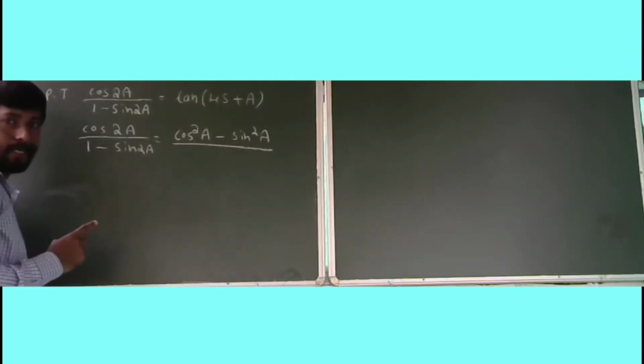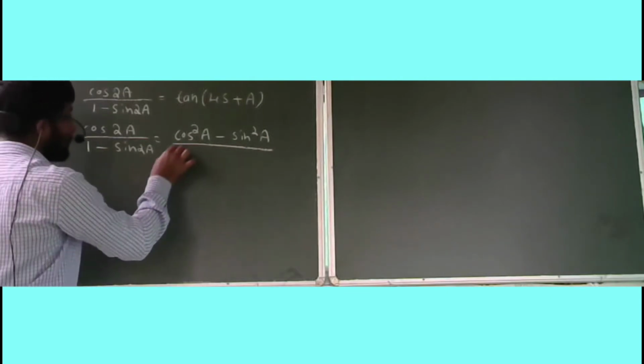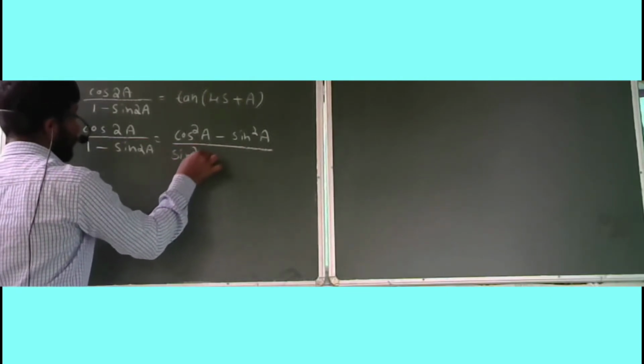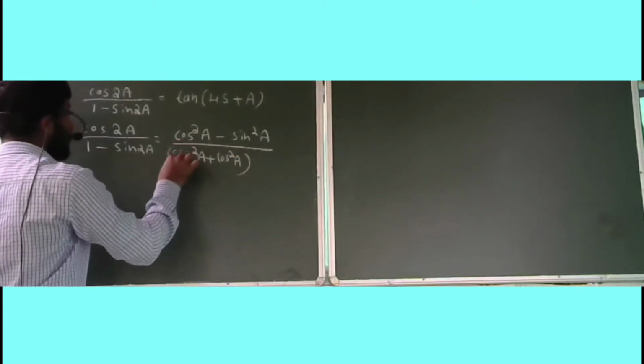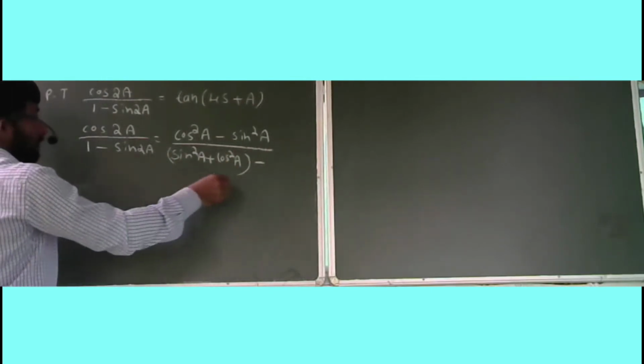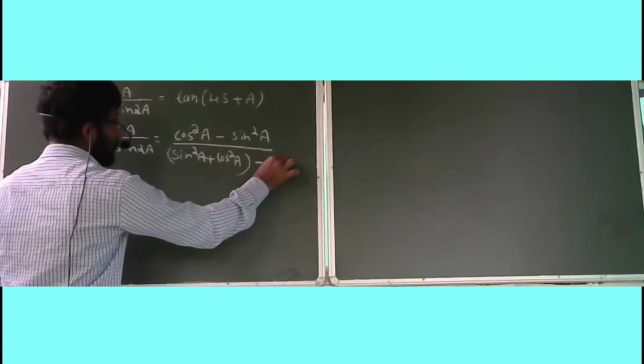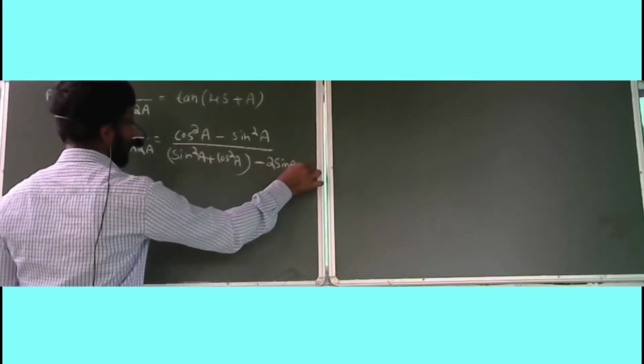Using trigonometric identity, I'm writing 1 as sin square a plus cos square a. We know for any angle theta, sin square theta plus cos square theta value is equal to 1. Minus sin 2a formula, 2 sin a into cos a.